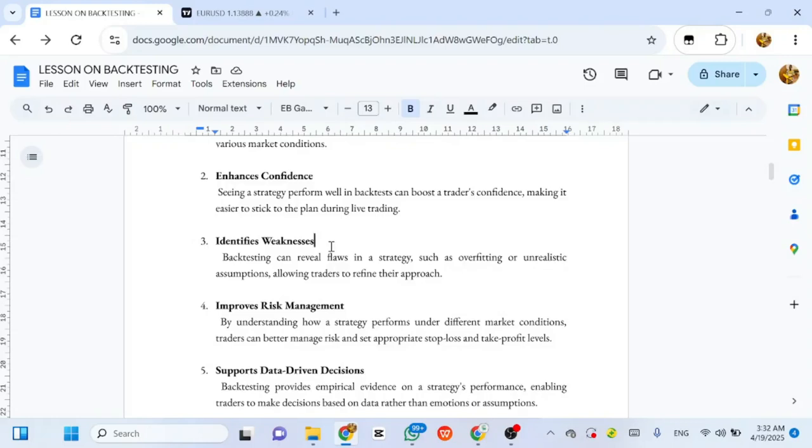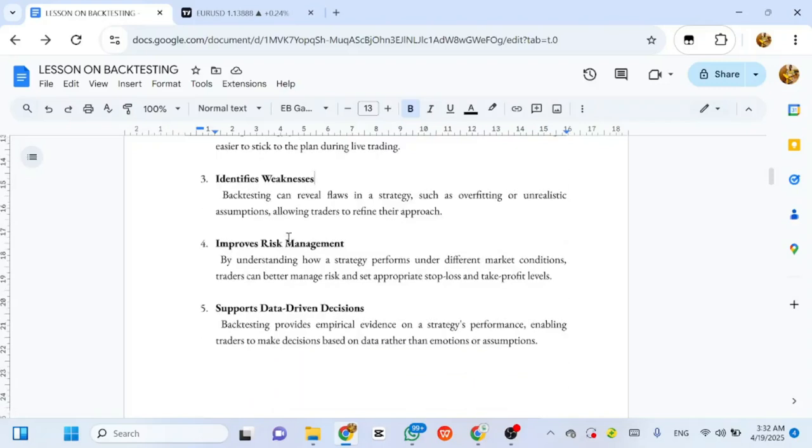An edge is an advantage in the market, so an edge already is a strength. That's why we don't say identify strength and weakness, because the edge already is a strength. So now we are identifying weakness in that particular edge. Backtesting helps you identify that weakness, and also helps you improve risk management and supports data driven decisions.